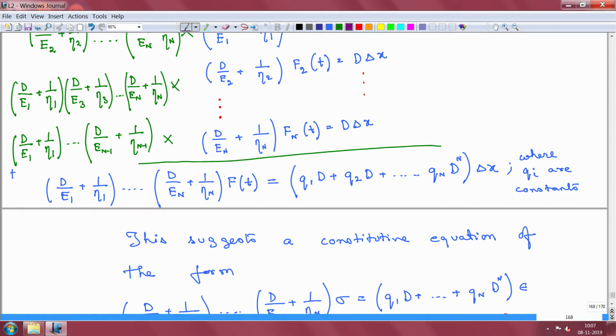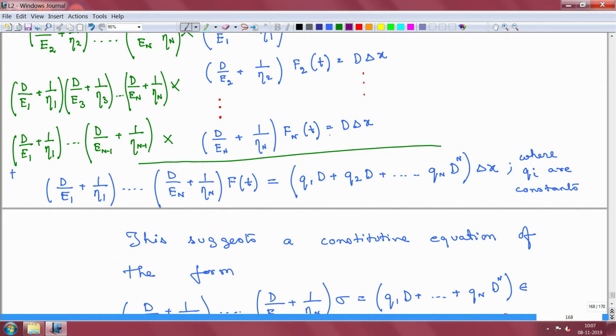One of the things that will happen is basically for the last term here, this quantity will disappear, 1 by eta n, and you will have the derivative. So, the differential operator acting on f, and on this side you will have again a differential operator acting straight on delta x. A little naive way of thinking would be that the differential operators can actually be cancelled, but that is not the case.